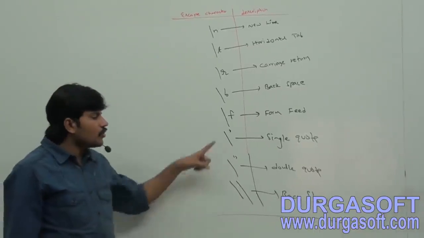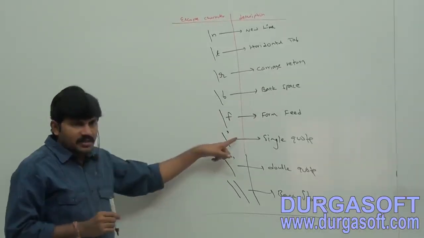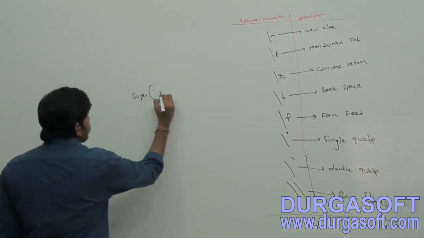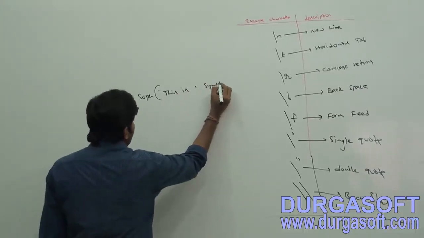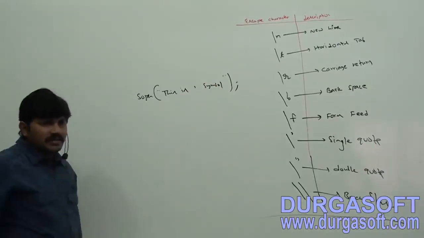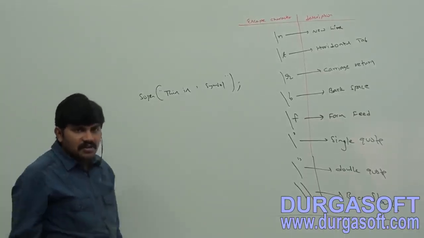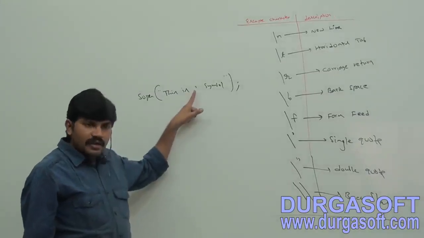Sometimes, do you know, I want to use single quote as a symbol. Then we should specify it like this. Suppose, sir, I want to print system.out.println, this is single quote symbol. If I write like this, immediately the compiler will give an error: you are using single quote, unclosed character literal.